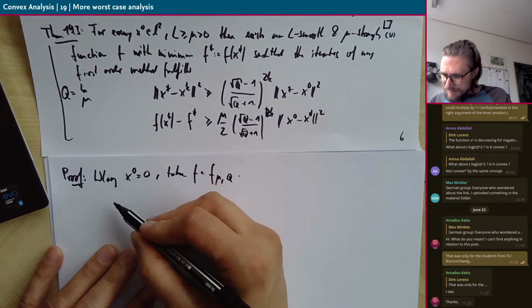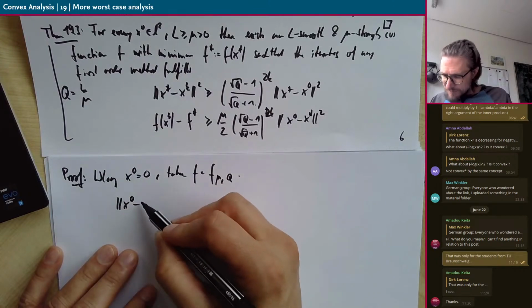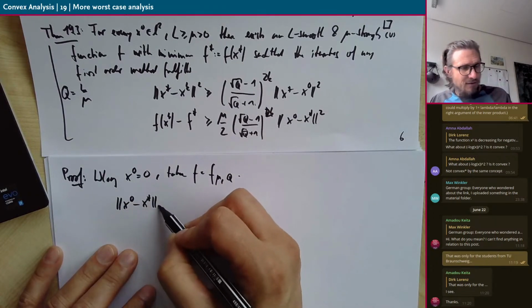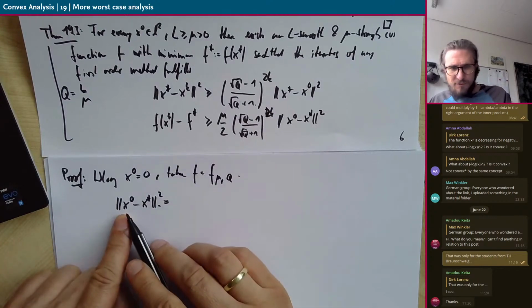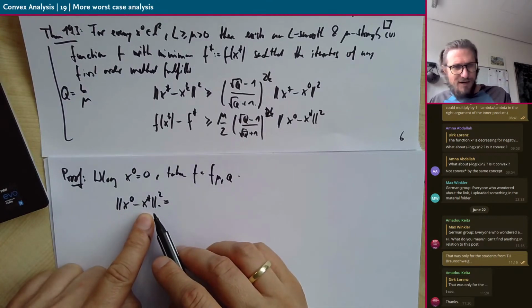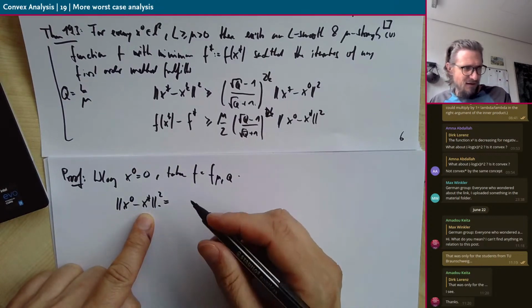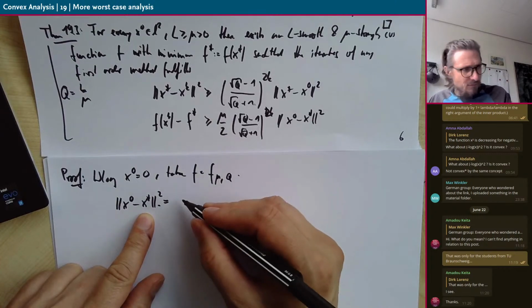Then we know this guy here, x0 minus x star, this distance squared. What is this? Because x0 is always 0, it's just the sum of the squares of the entries of x star.